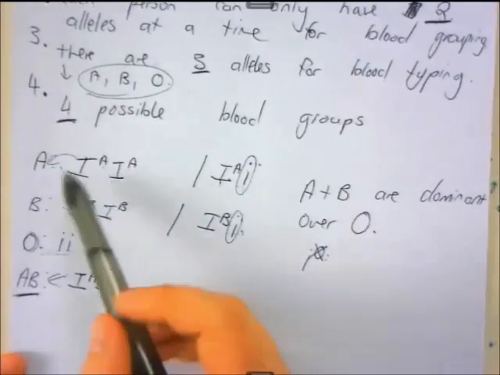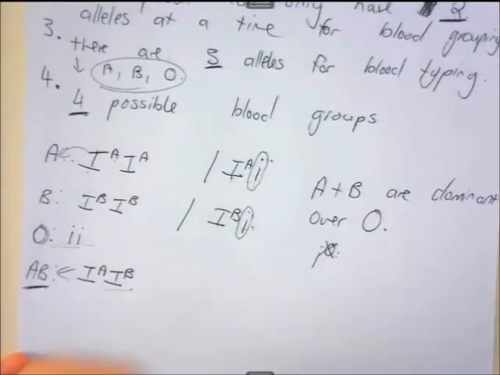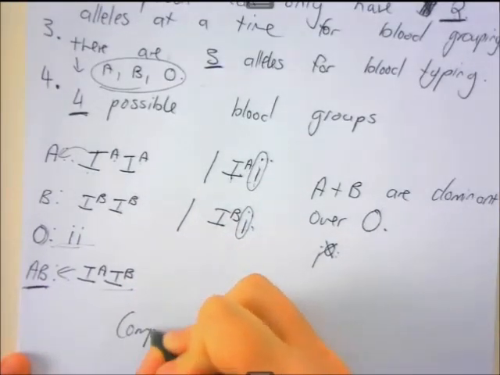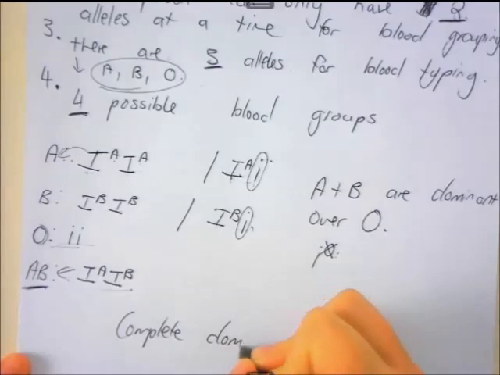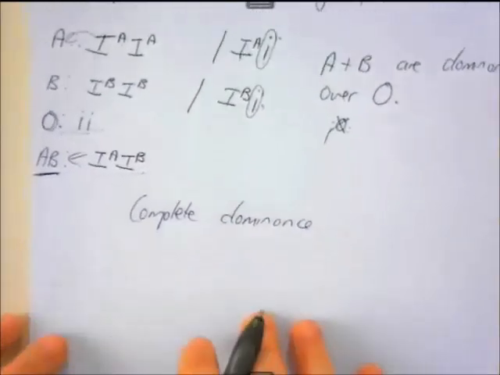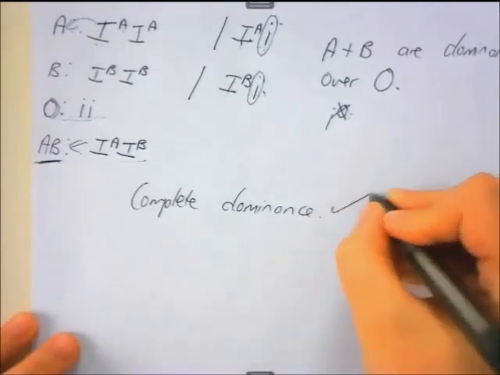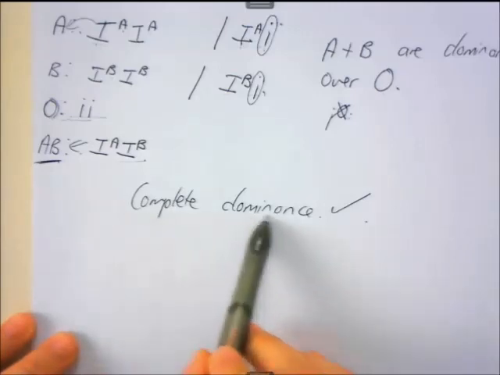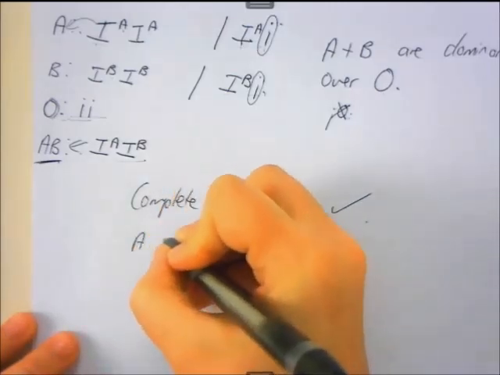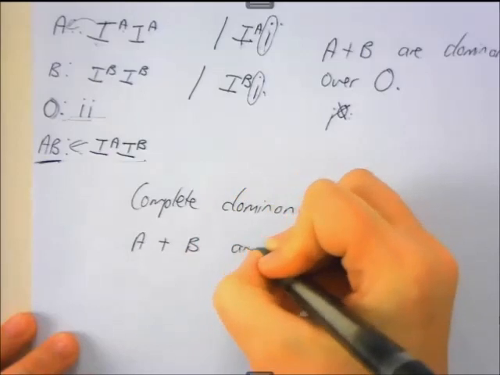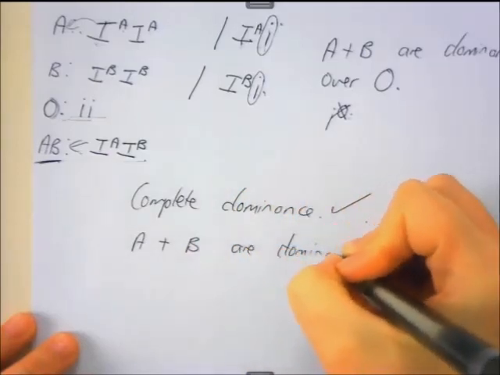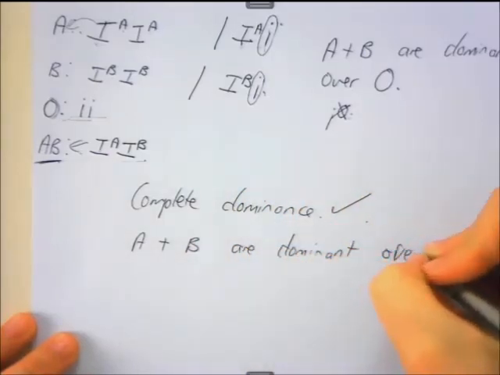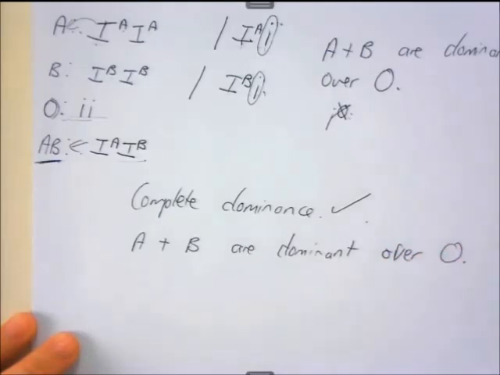So, if we look at the first two, another term that we have to know is that of complete dominance. Okay, and blood typing is very interesting because blood typing is an example of complete dominance as well as something else. When working with complete dominance, we have to know that A and B are dominant over O. Okay, so that is going to be a form of complete dominance.